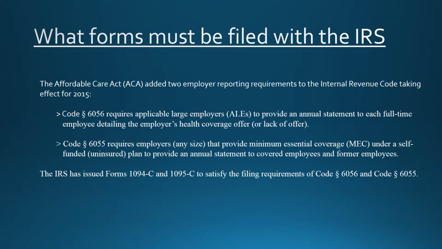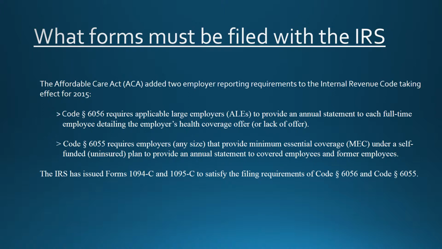Section 6056 requires applicable large employers to provide an annual statement to each full-time employee that reports the health insurance coverage offered to them, as well as the employer filing information returns to the IRS.